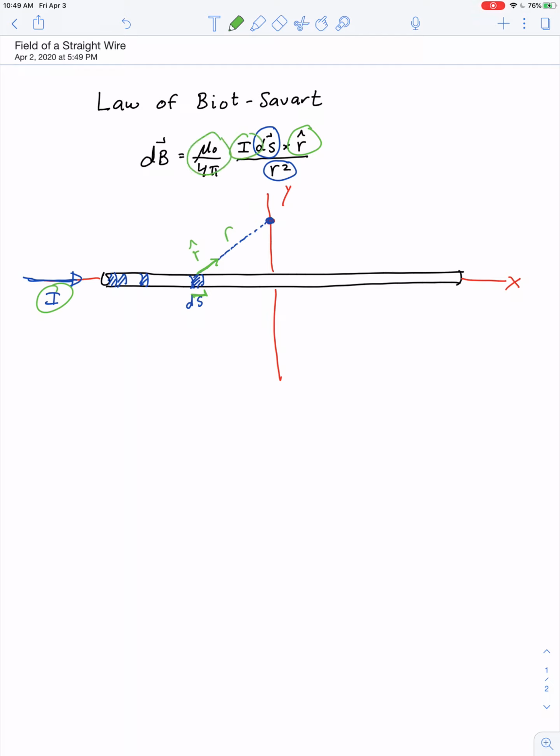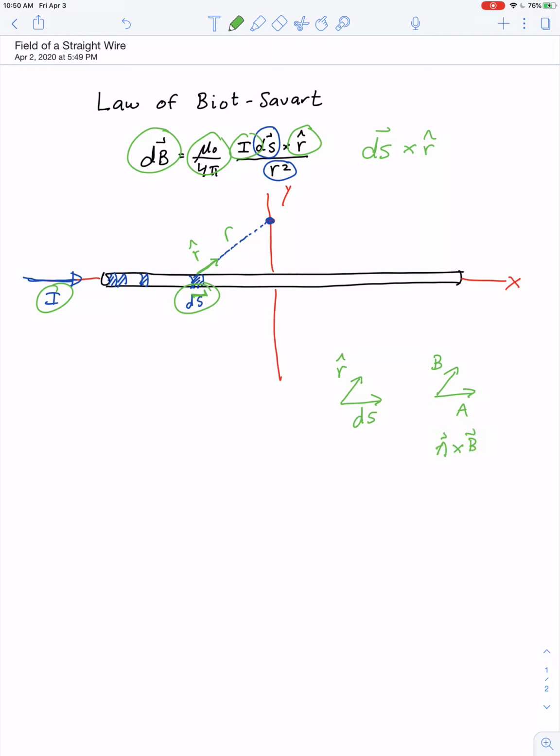So now let's figure out the direction. It's ds cross r hat that gives us the direction of dB. So ds is a vector pointing to the right. R hat is a vector pointing up and to the right. And so this would be like asking, what's the direction of the vector A cross B?